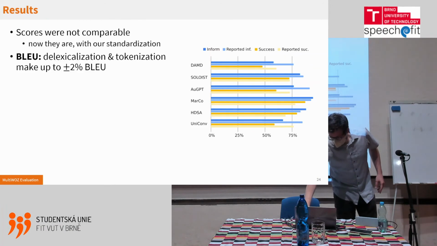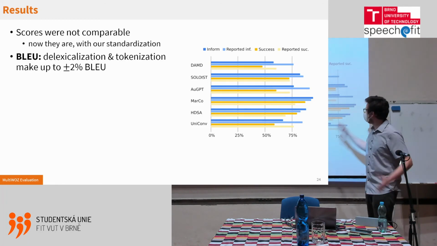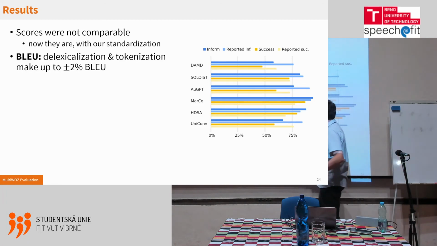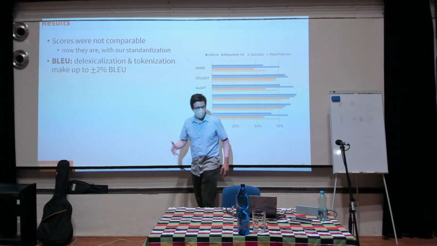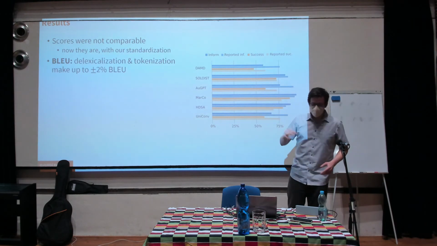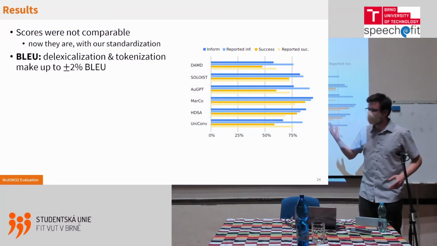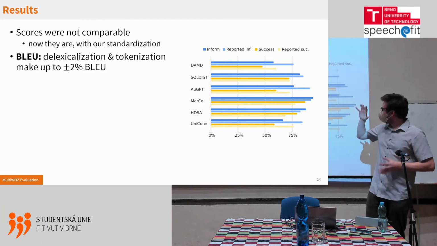So what we basically found is that in BLEU score, just looking at the placeholders and different organizations, this kind of stuff, can make a difference of plus or minus 2% BLEU score, which is a huge deal because a lot of the systems just differ by 0.5 or something like that. So you get different ranks of systems.